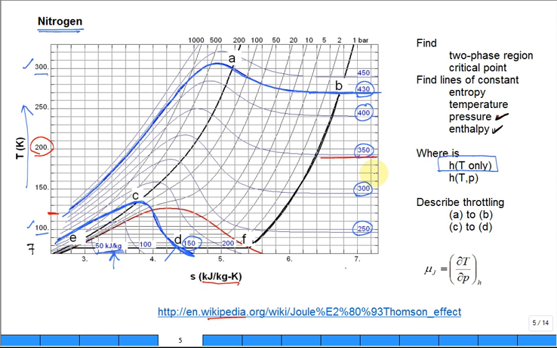So anywhere along this line, even though entropy is changing, even though pressure is changing, the value of temperature is the same and the value of enthalpy is the same. But if I boost the temperature, if I go from 200 to 250, now the enthalpy is different. But this is the region where enthalpy is only a function of temperature.